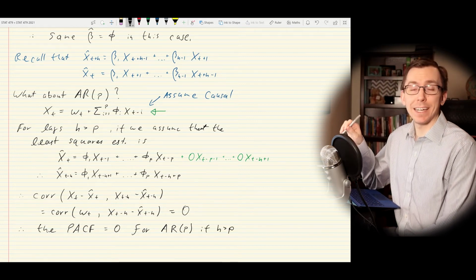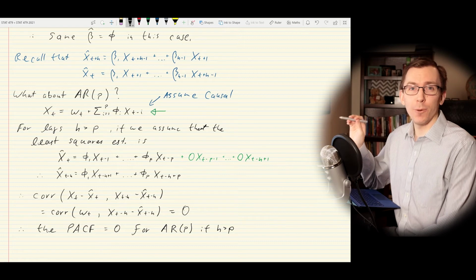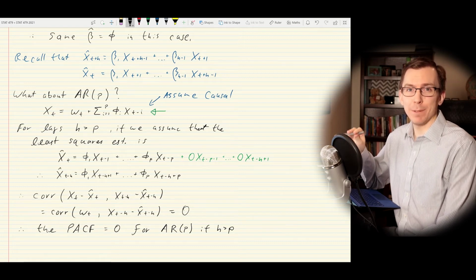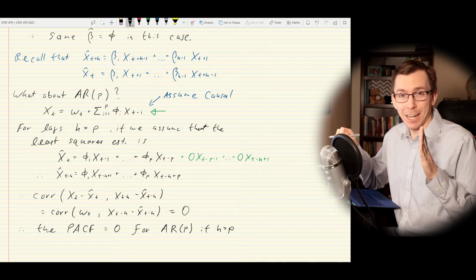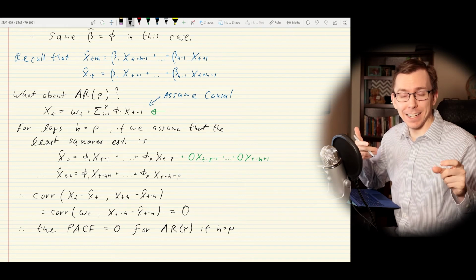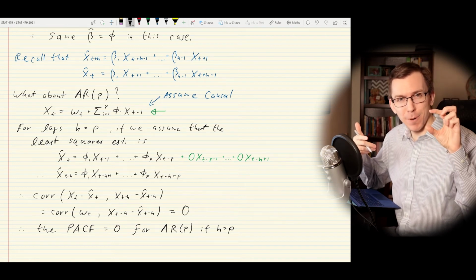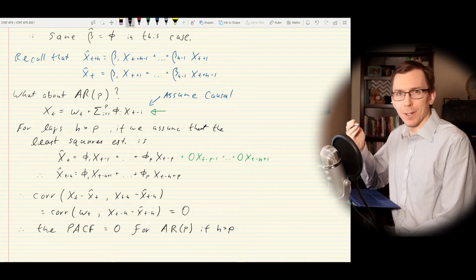And that means we can use the partial autocorrelation function to try to determine the order of an AR(p) process, because as soon as we cross that threshold of p and get to p plus 1, it goes to 0. Now, statistically, it's not going to be exactly 0. It's going to be a small, noisy value, because there's always going to be a little bit of white noise in there.